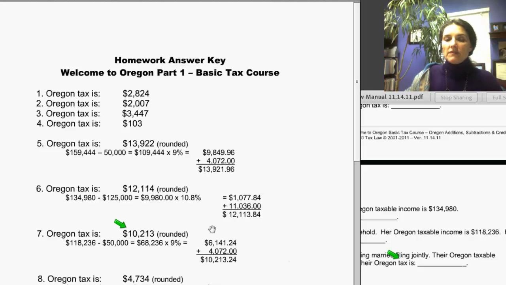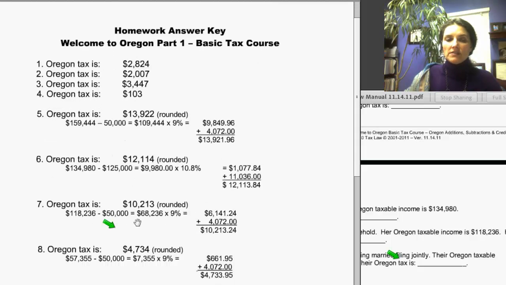That will be taxed at a rate of 9%, and 9% tax on $68,000 is $6,141.24, and that leaves Sally owing $10,213.24 of tax, which of course rounds down to $10,213.